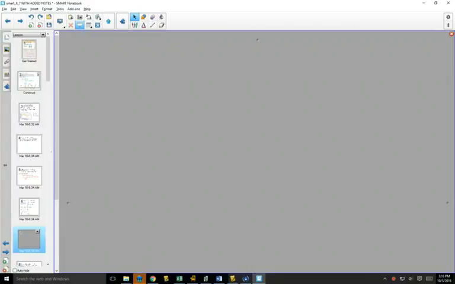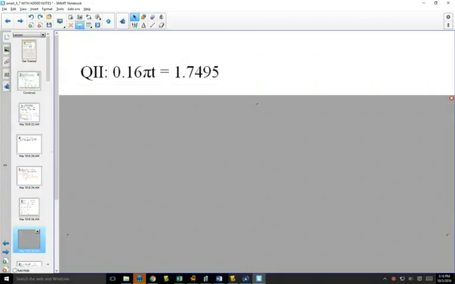But since theta was equal to 0.16 pi t, now we can substitute that back in. See what I'm doing? We temporarily made theta equal to this, and now that we're done solving for theta, we can change it back to what it was originally, because originally I wanted to solve for t.